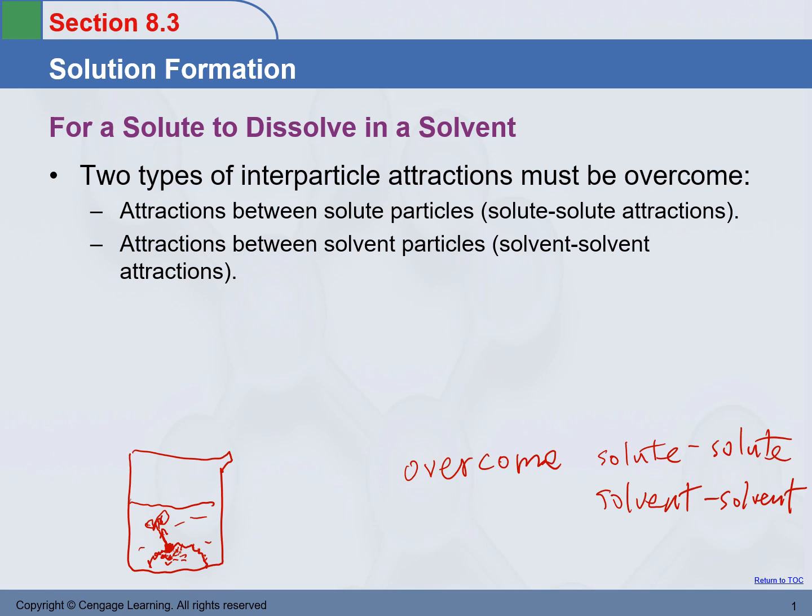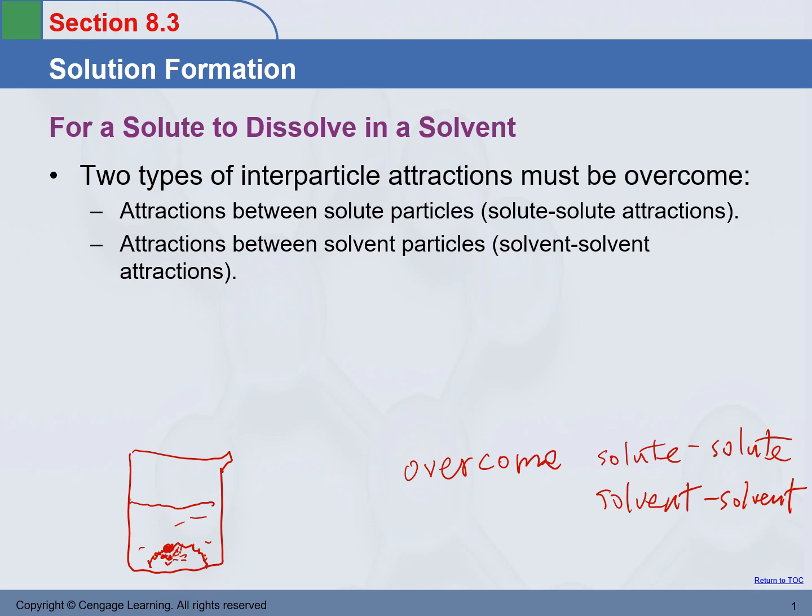If these are the only two things that are happening during the dissolving process, nothing will get dissolved because both processes need energy. Luckily, there's a third kind of interaction, a new interaction that is formed. For example, I'm going to draw it from the beginning again. Let's look at this particle on the surface again.